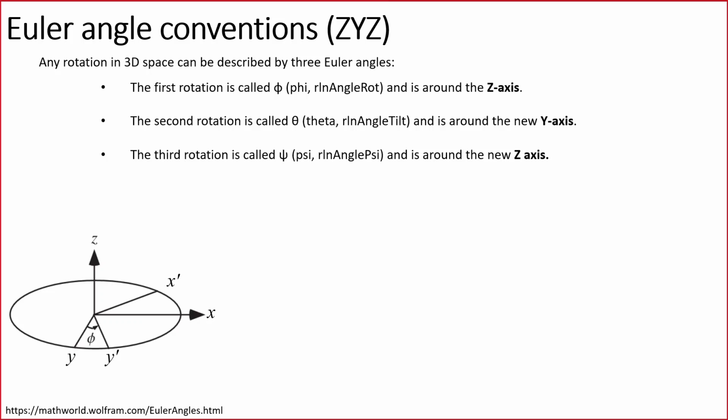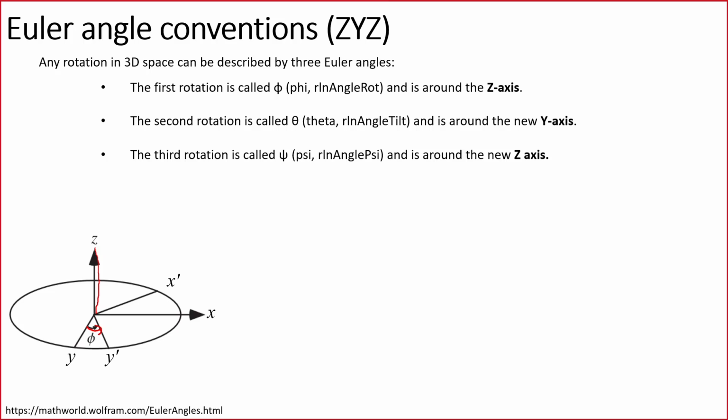So for the ZYZ Euler angle convention, if we want the final rotation of our image or of our particles, the first rotation angle phi, also called the rot angle, is the rotation around the axis z. That's why it is ZYZ. Here is the z-axis, here the circle represents our image, and we are doing a rotation by the phi angle.